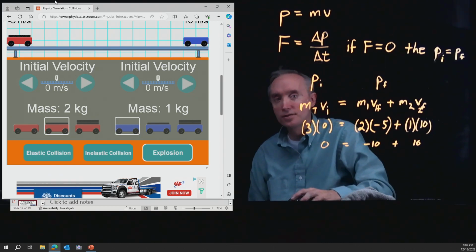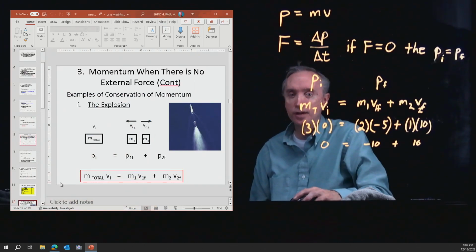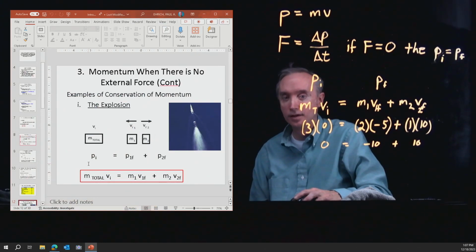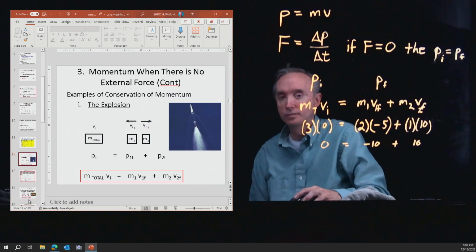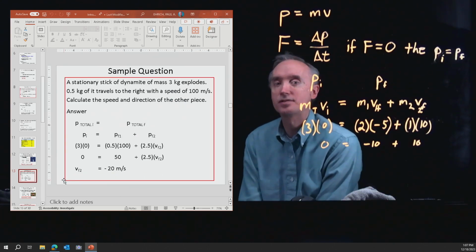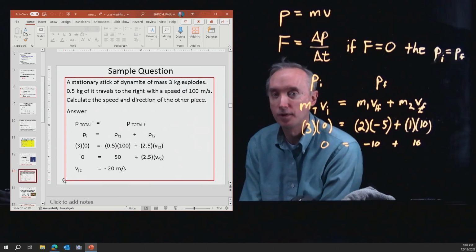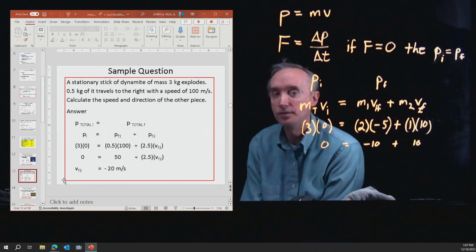All right, so let's now go back to the notes here. And let's do an application of using this formula. So it says a stationary stick of dynamite of mass 3 kilograms explodes. 0.5 kilograms of it travels to the right with the speed of 100 meters per second. Calculate the speed and the direction of the other piece.